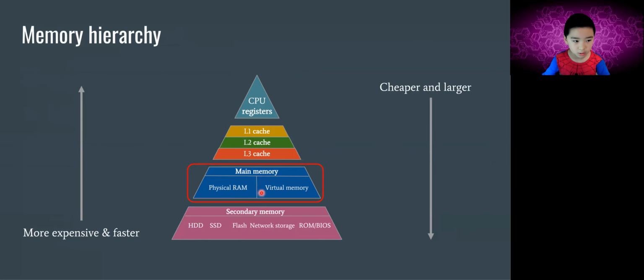Then the next level below is the main memory. The main memory is the physical hardware where programs and data are all kept when the CPU is using them. The main memory includes physical RAM, DRAM, and virtual memory. The physical RAM is typically around 4 to 16 gigabytes and can be upgraded, but it is still limited in some cases.